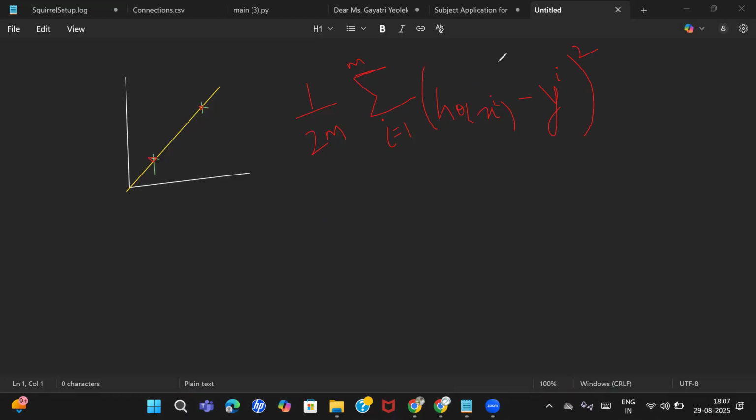And what is this basically called? h theta of xi minus yi. This is nothing but the distance of the error, the sum of residuals. We have already discussed the sum of residuals.